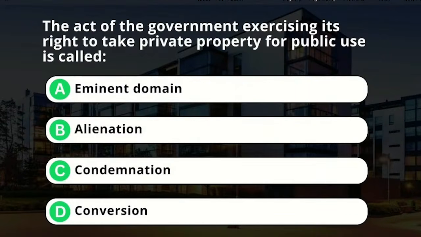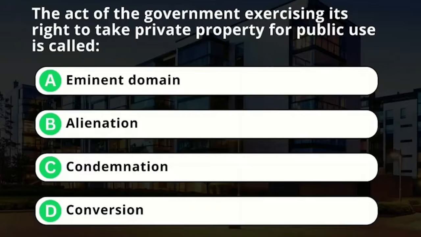The next question is the act of the government exercising its right to take private property for public use. Now, by the way, I have gone over this category of question a lot, if you've been consuming our content. You're going to see this on exams, and they split hairs here. They're looking for you to get caught.